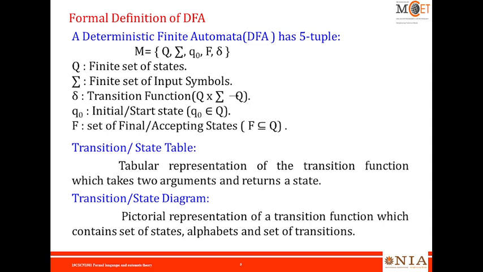Here in the state column we represent the starting state by using an arrow mark and the final state by using a star in the transition table. Next one is the transition diagram or state diagram. The transition diagram is a pictorial representation of the transition function which consists of a set of states, a finite set of input symbols and a finite set of transitions.